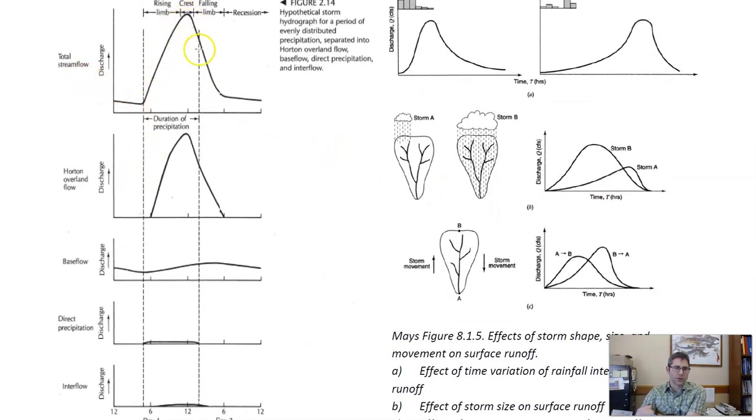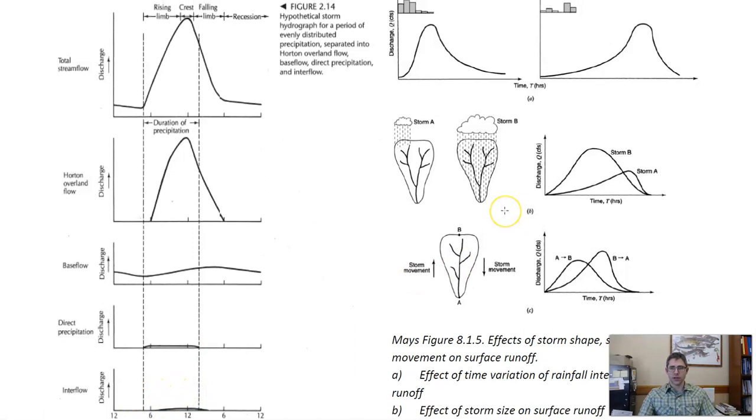We have a total stream flow hydrograph, which we can break into portions. Here we have Horton overland flow, which I'll relate to Horton in a minute. The base flow portion, direct, or what we sometimes call incident precipitation, the precipitation that actually falls directly onto the surface of the water, and then the interflow portion, the flow from the unsaturated zone into the creek.